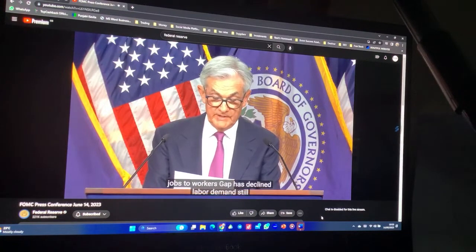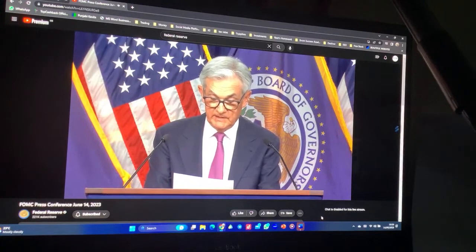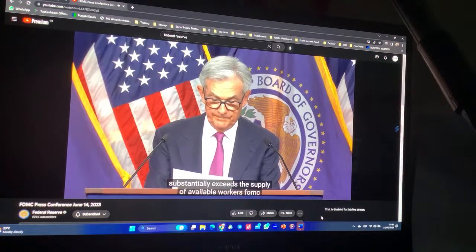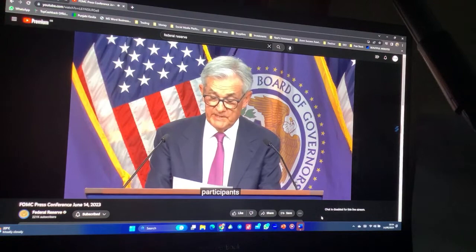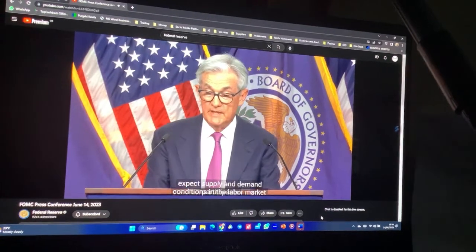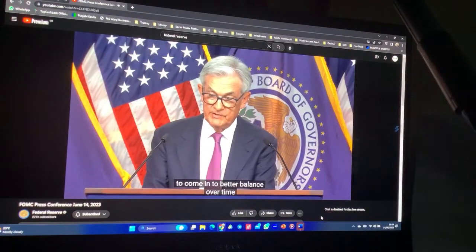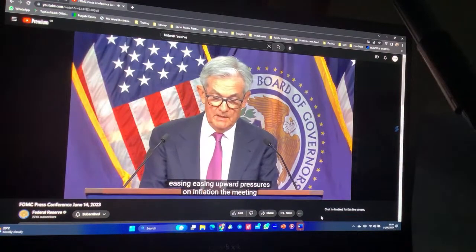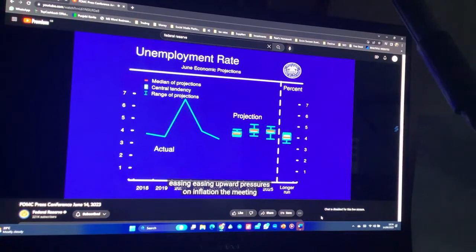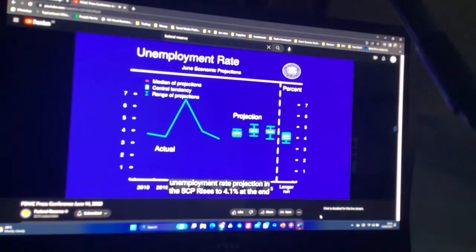While the jobs to workers gap has declined, labor demand still substantially exceeds the supply of available workers. FOMC participants expect supply and demand conditions in the labor market to come into better balance over time, easing upward pressures on inflation. The median unemployment rate projection in the SEP rises to 4.1% at the end of this year and 4.5% at the end of next year.